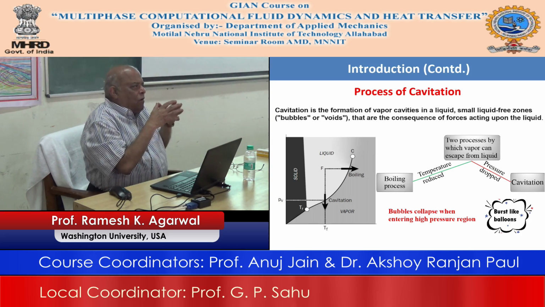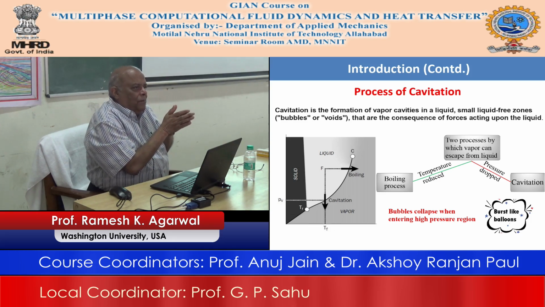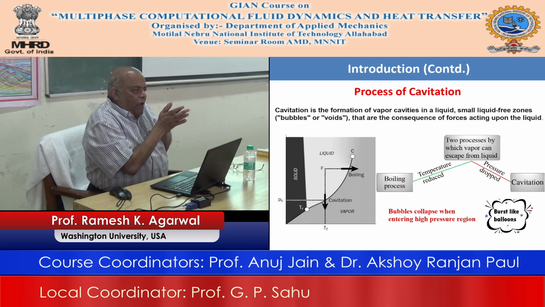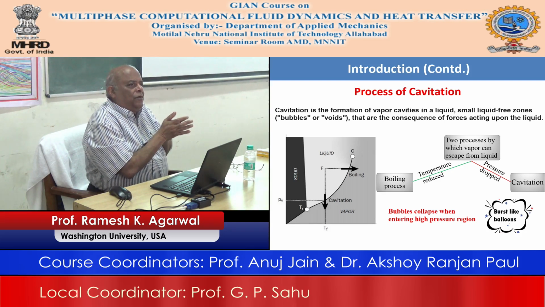How do these bubbles impact the efficiency? Once you have the bubbles, the flow that is entering doesn't see the blade as a smooth blade, right? Number one. And number two, the passage between the blades is also changed. So what you are looking at is the effect on the overall efficiency.